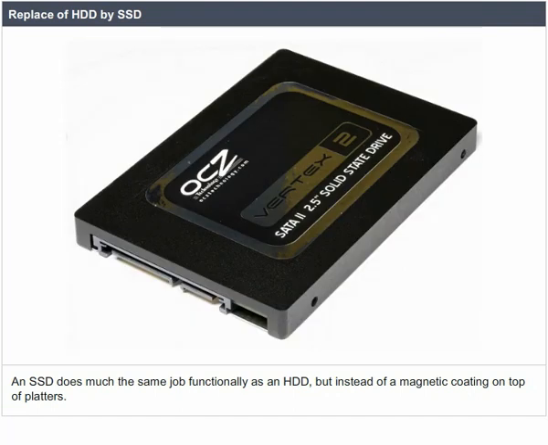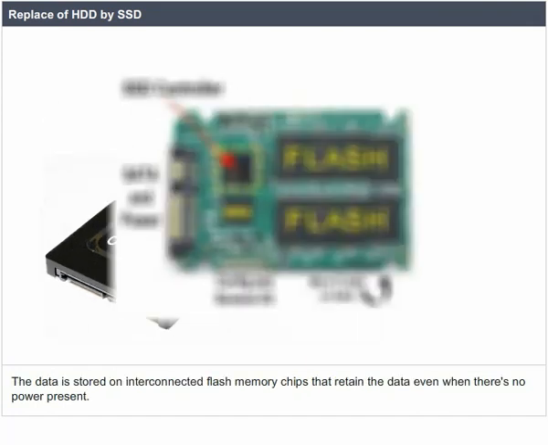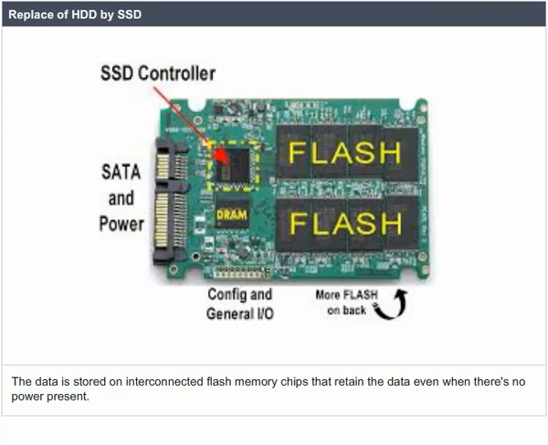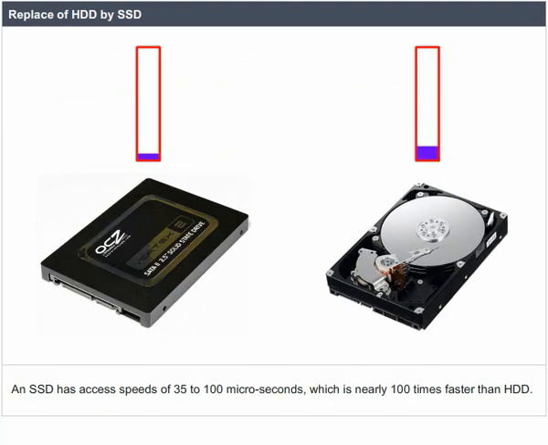Replacement of HDD by SSD. An SSD does much the same job functionally as an HDD, but instead of a magnetic coating on top of platters, the data is stored on interconnected flash memory chips that retain the data even when there is no power present. An SSD has access speeds of 35 to 100 microseconds, which is nearly 100 times faster than HDD.